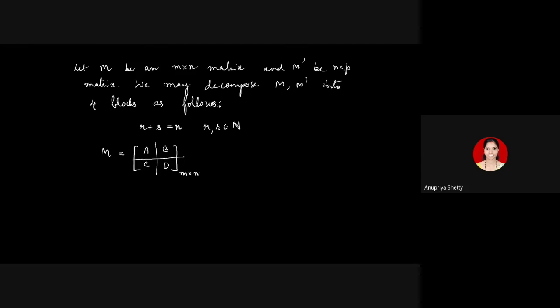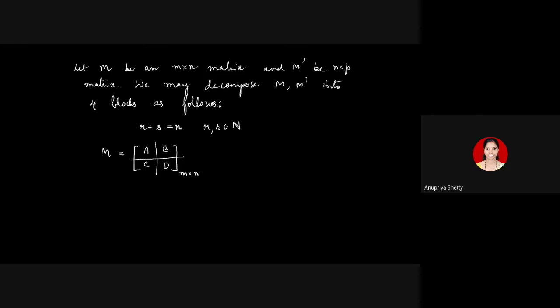The number of rows after which you have to separate m into blocks, that number could be anything, but just see that that number is less than M. Okay? This separation made after so many rows is not fixed, that is up to you.